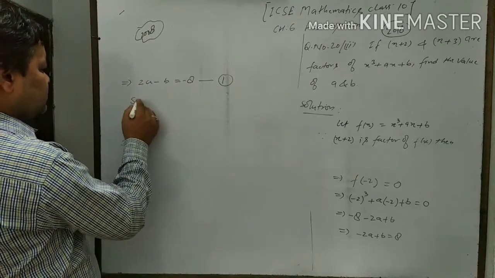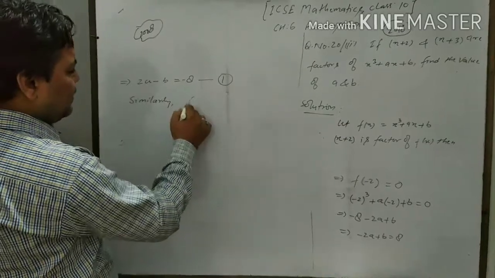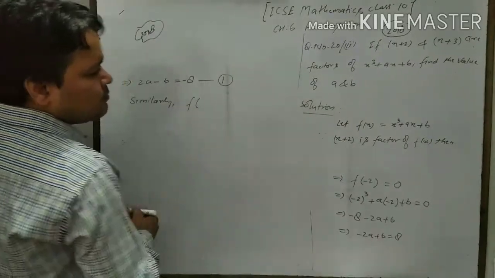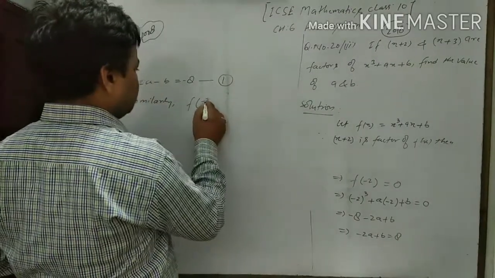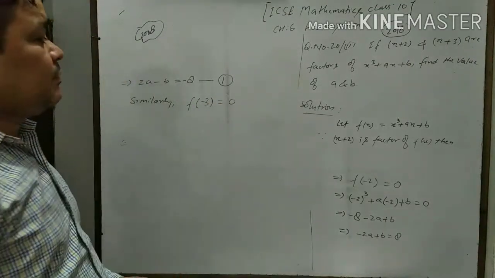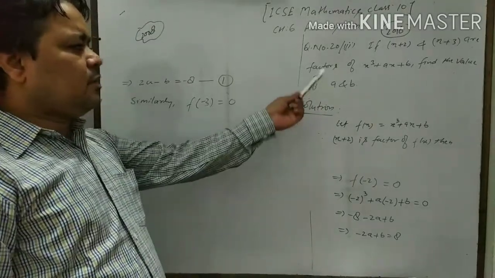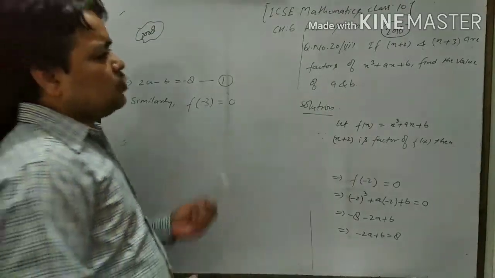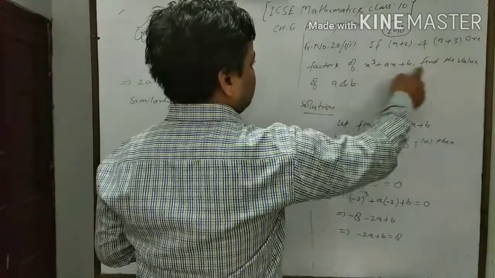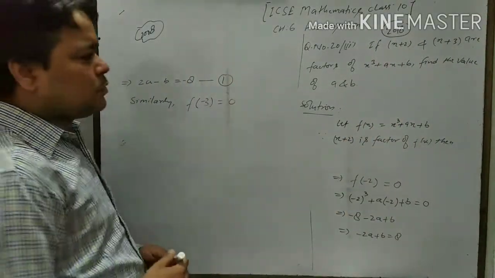Similarly, f of minus 3 is also equal to 0 by the factor theorem. Why? Because x plus 3 is also a factor of this polynomial. Therefore f of minus 3 is also equal to 0.